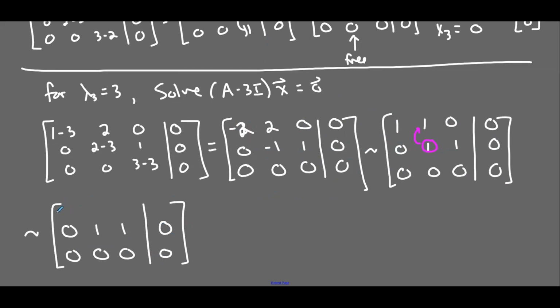So I get 1 minus 0 is 1. 1 minus 1 is 0. And then 0 minus 1 would be negative 1, and 0. So I get two leading ones. The third variable is free. So it looks like x1 is equal to x3. x2 is negative x3. And x3 is itself.